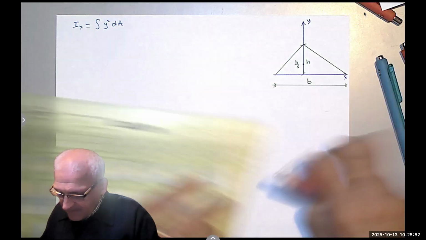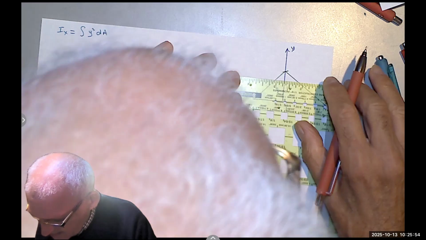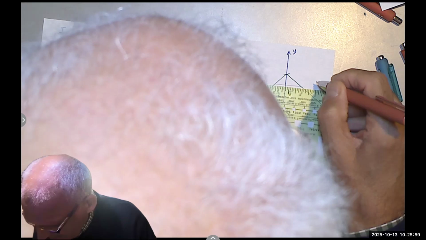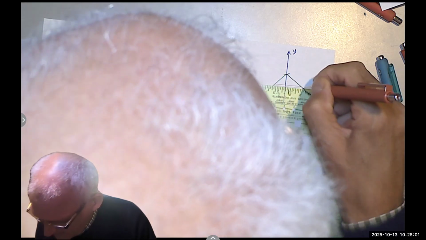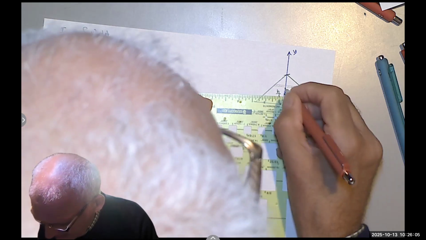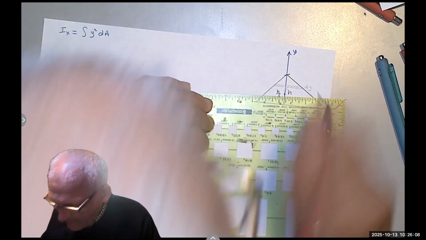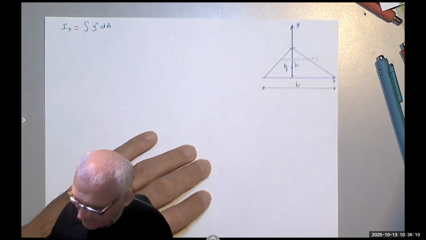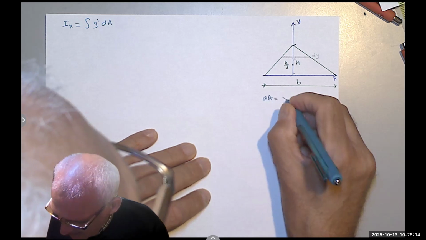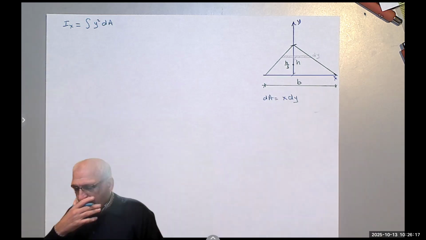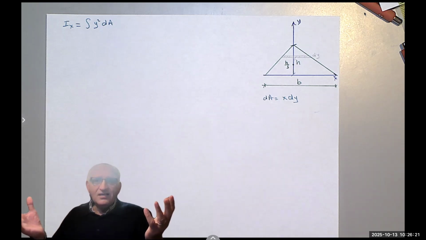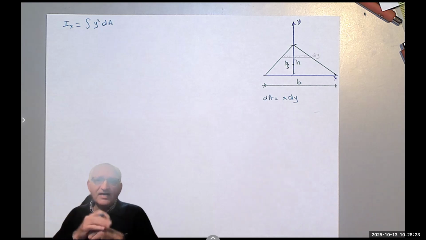If I take a small piece here of height dy at a height of y, and call that base x and the height dy, I can say that dA equals x dy. That's a problem because I'm integrating with respect to y. What is the relationship of x to y?